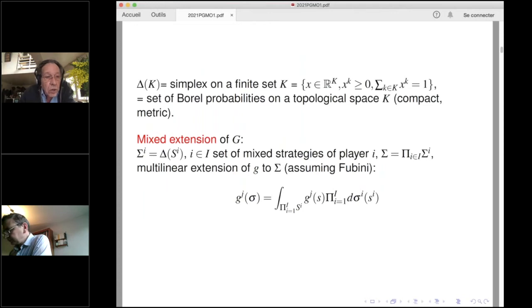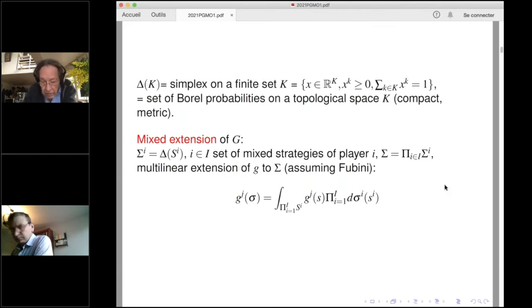I will use this notation: given a set K, Delta(K) will be either the simplex when the set is finite, or the set of Borel probability measures on K when K is a compact metric space. When you have a game G, it can be useful to use the mixed extension. The mixed extension means that you look at the set of mixed strategies, which is Delta(S^i), and then there is a multilinear extension of the payoff defined on S to Sigma, assuming Fubini's theorem.